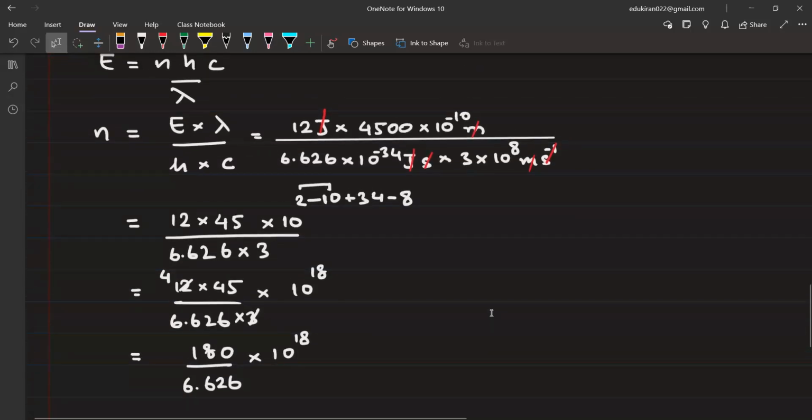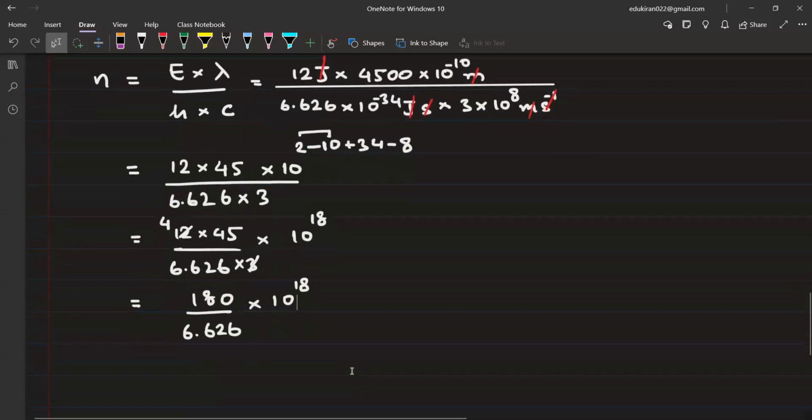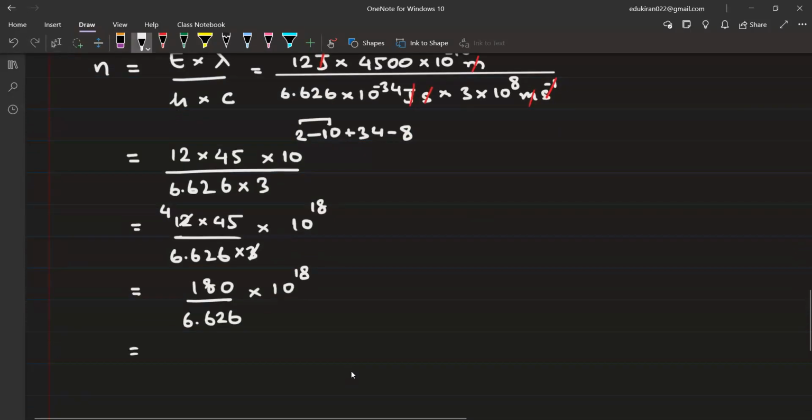6.6. 180 divided by 6.6. See, you can write its answer as 180 divided by 6.6 into 10 to the power 18.